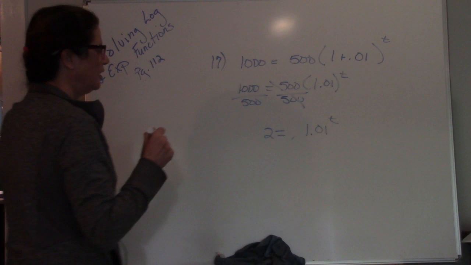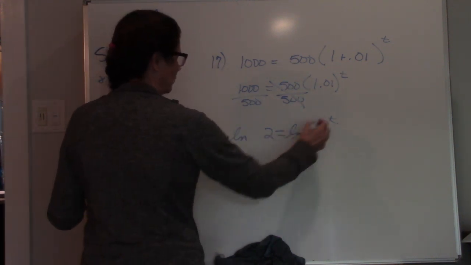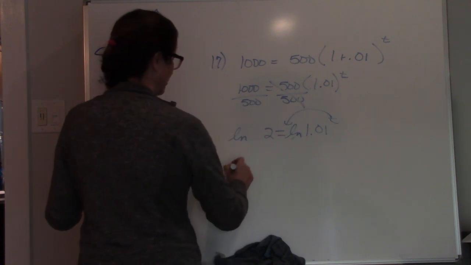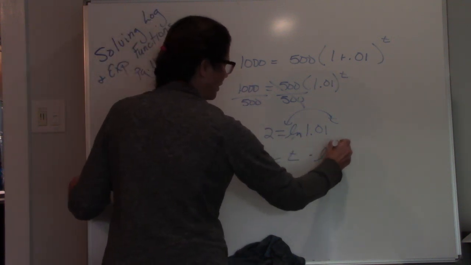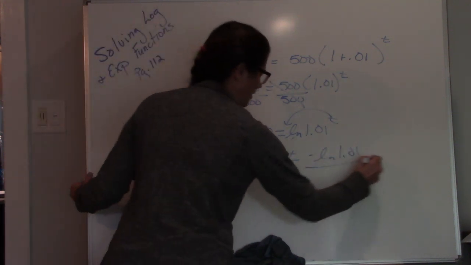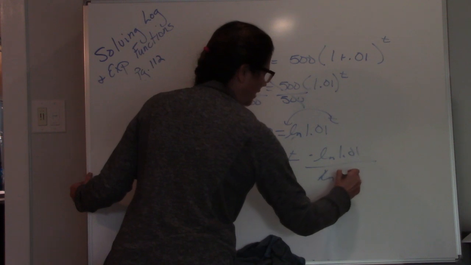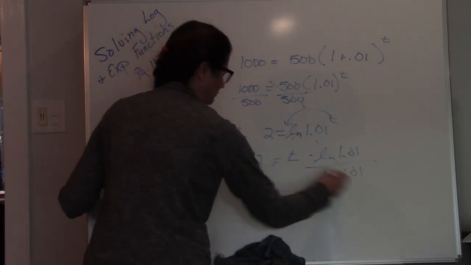Don't like the t in the exponent, so I'm going to ln both sides. What that does is it brings that t to the front. So I have ln of 2 equals t times ln 1.01. I want to isolate my t, so I'm going to divide by ln 1.01.